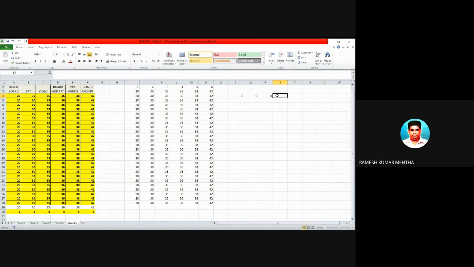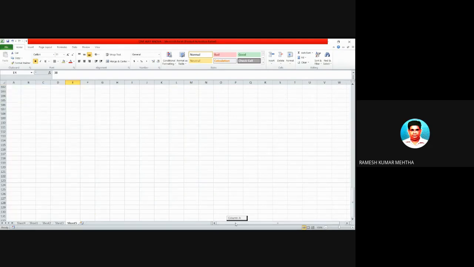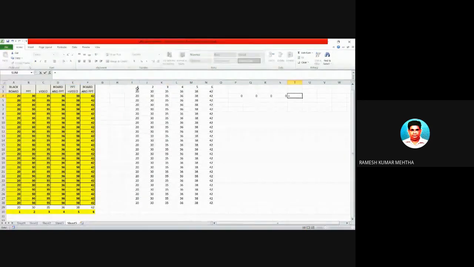So 36 minus 36. For fifth case, 38 is equal to 38 minus 38. Enter. Last one is equal to 42 minus 42.